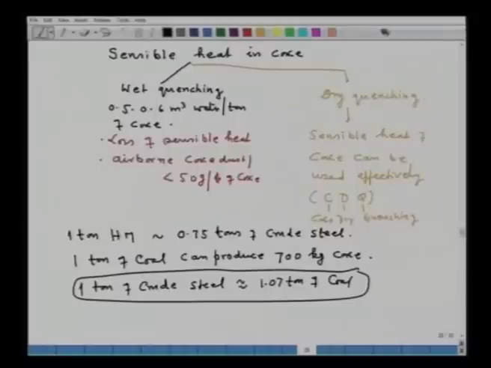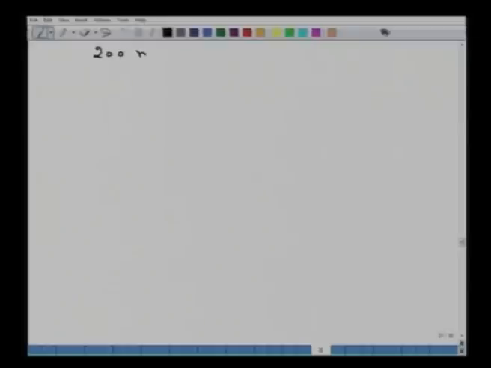So if you produce 10,000 tons of crude steel, then you will require of the order of 10,700 tons of coal. Now in an estimation, India would be producing around 200 million tons of steel by the end of 2020 to sustain 8 to 9% economic growth.